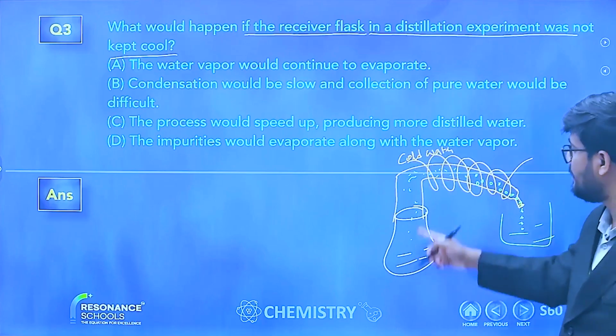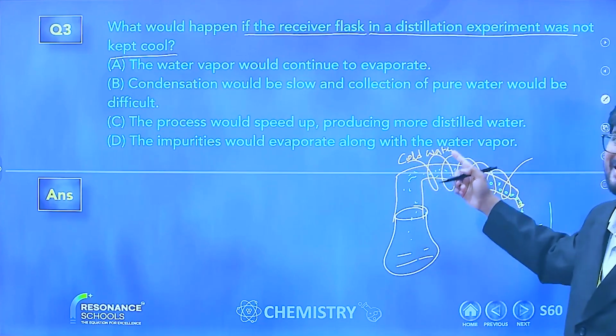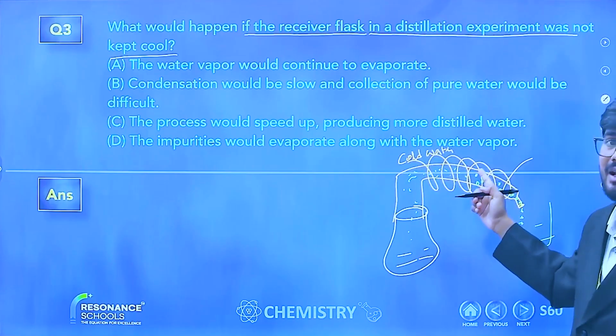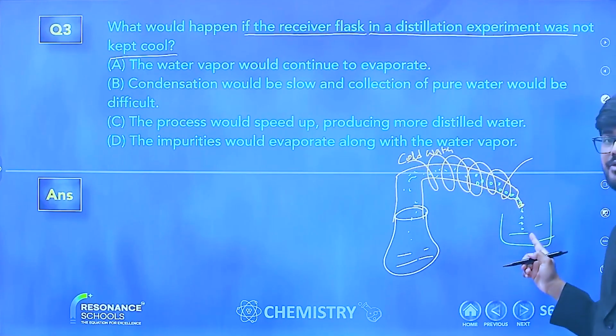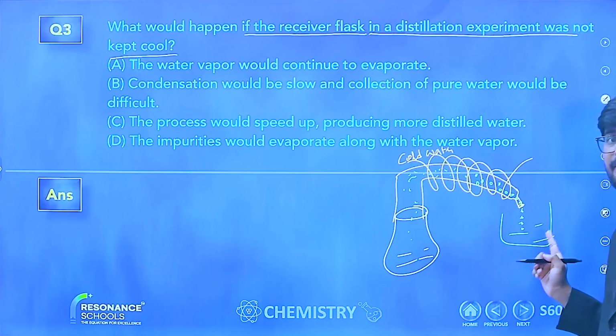So liquid is converting to vapor, and that cold water is actually converting that vapor into liquid, and that liquid will be gradually going down to this receiver flask, okay.